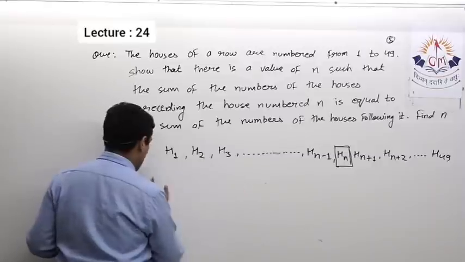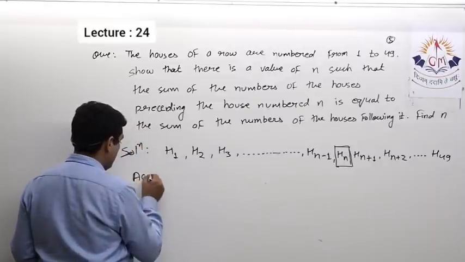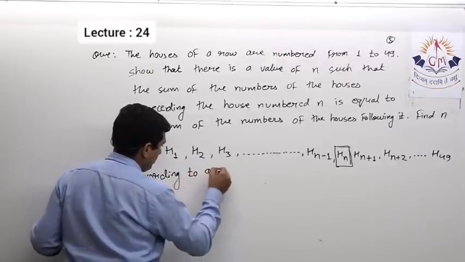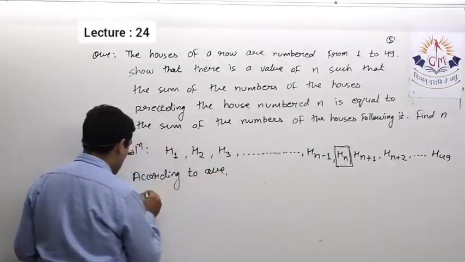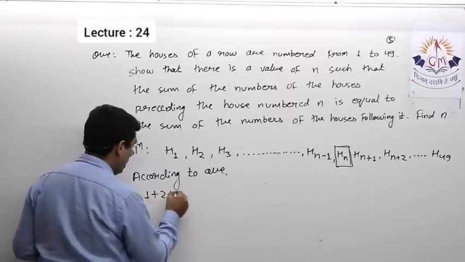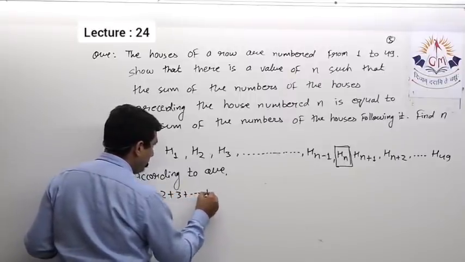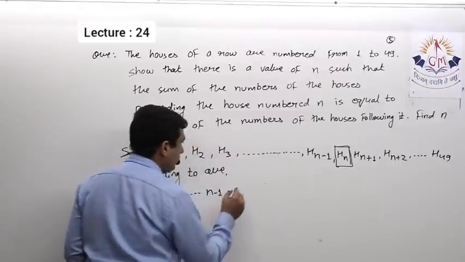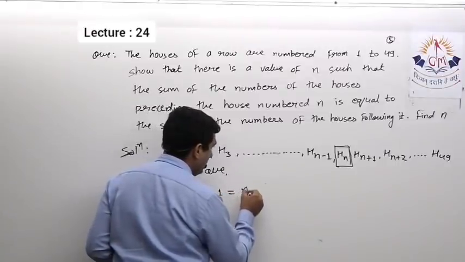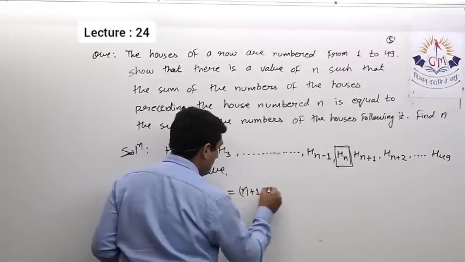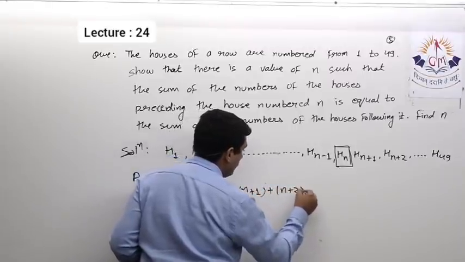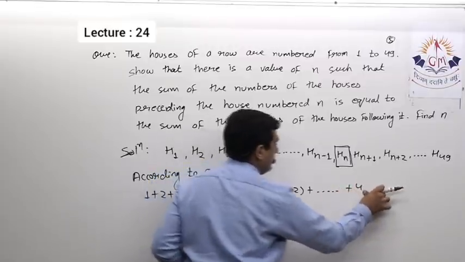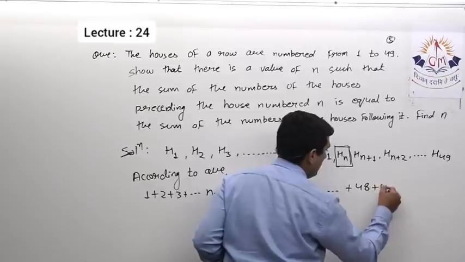So according to the question, 1 plus 2 plus 3 up to n minus 1 is equal to n plus 1 plus n plus 2 up to 48 plus 49.